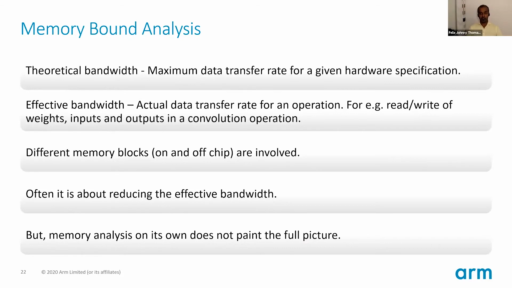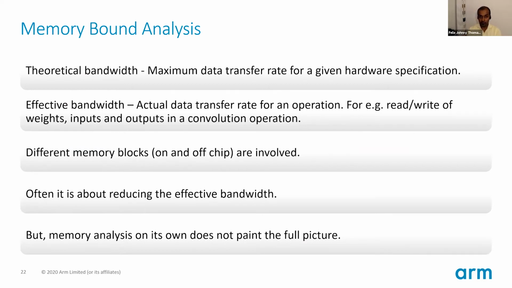So to make sense of the processor utilization numbers that we saw, we do two kinds of analysis. The first one is a memory bound analysis, where we try to figure out the effective bandwidth that we have used, which is the actual data transfer rate for an operation. The main thing to understand here is that different memory blocks are involved.